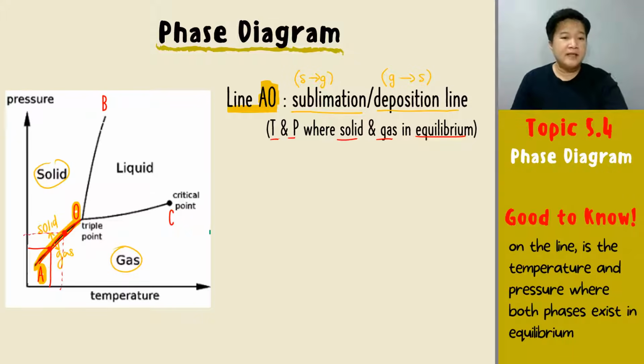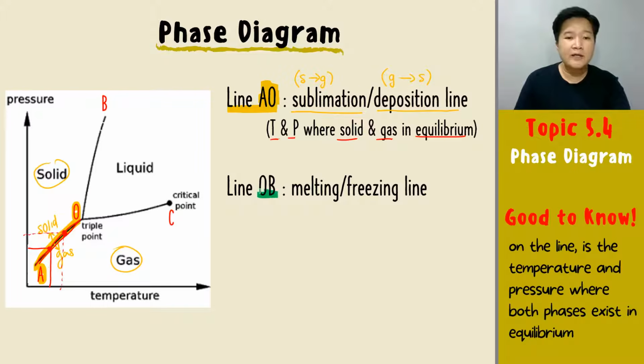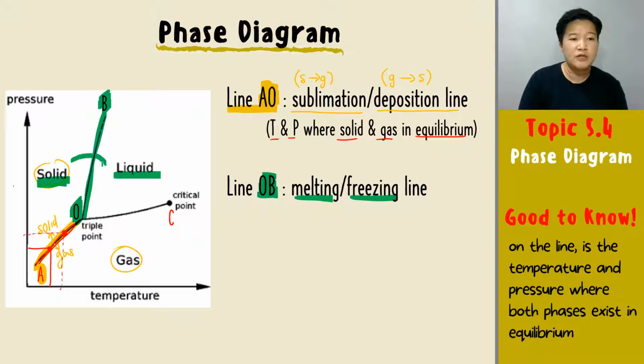Next we have your line OB. So your line OB is here, with your O over here and your B over here. Your line OB is between your solid and your liquid. That's why the name of the line is your melting and freezing line. It's the change between solid to liquid or liquid to solid.